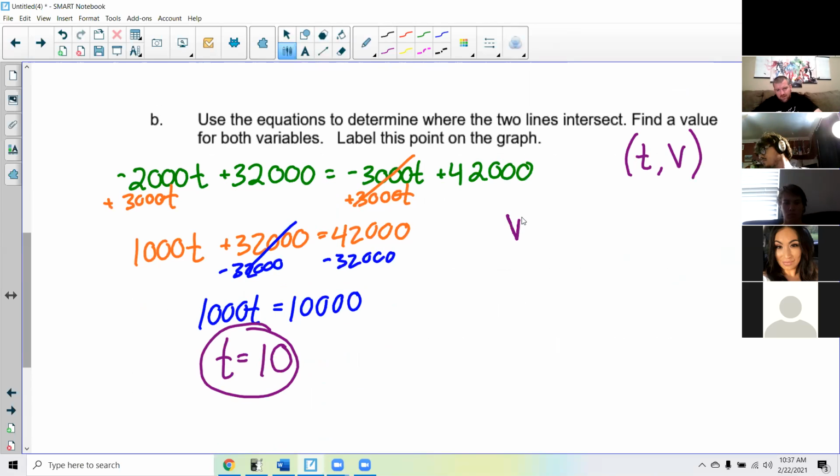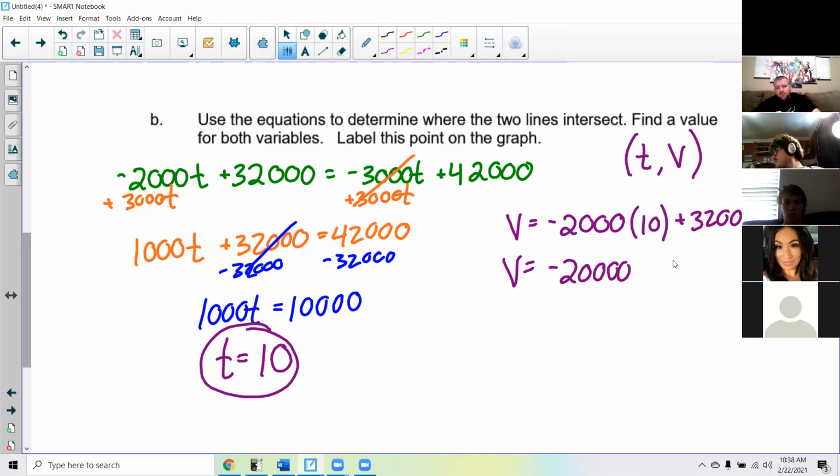So I have V equals negative 2,000 times 10 plus 32,000. V equals negative 20,000 plus 32,000. So I get V equals 12,000.